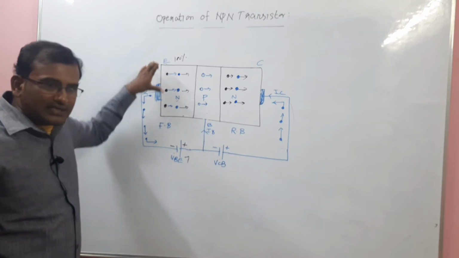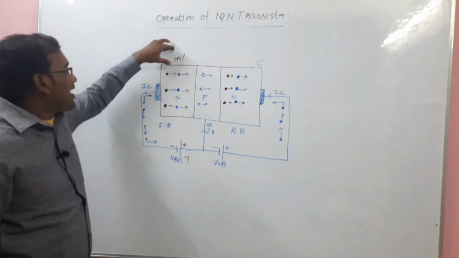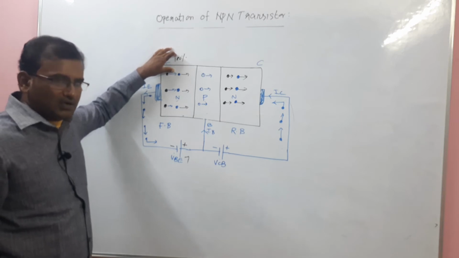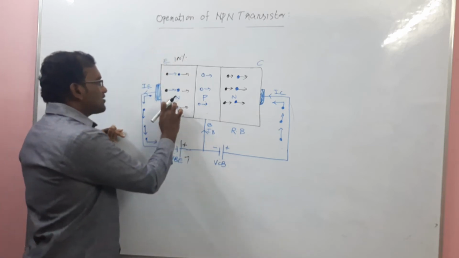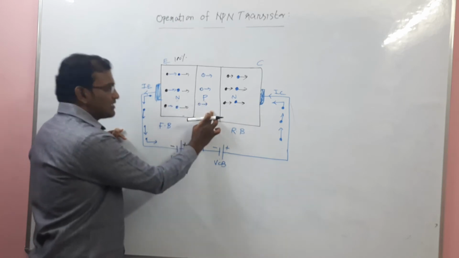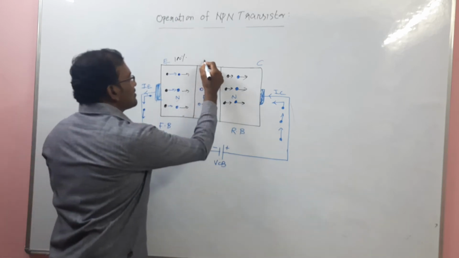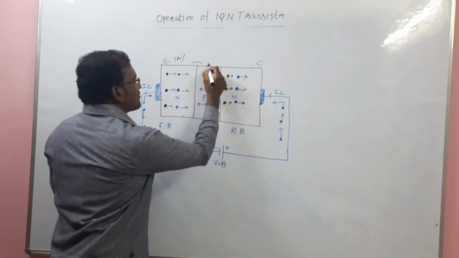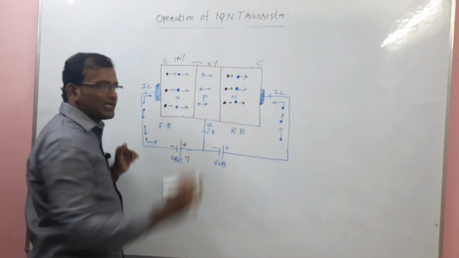These electrons move from the emitter region to the base region, where 5% of holes are present in the P region.